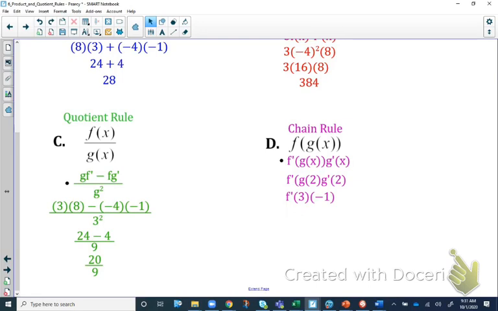So now 3 becomes the input of the derivative of function f, which gives you a negative 2, and the product of those two is a positive 2. And if I went over that quickly, don't worry too much. We're going to have a whole lot of stuff to do with the chain rule in the future.